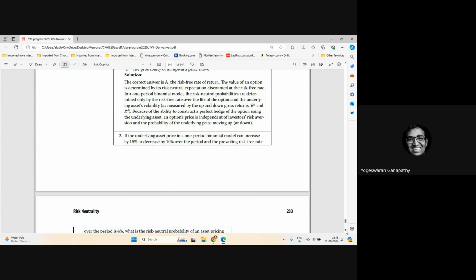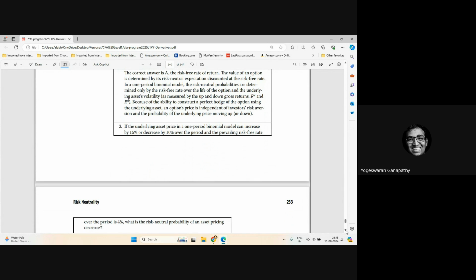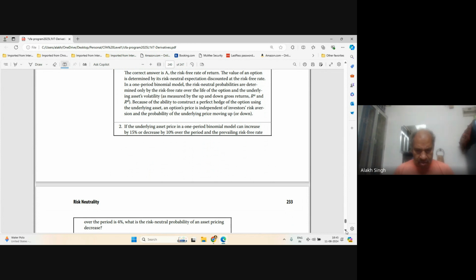If an underlying asset price in a one period binomial model can increase by 15% or decrease by 10%, and the prevailing risk-free rate is 4%, what is the risk-neutral probability of an asset price decrease?